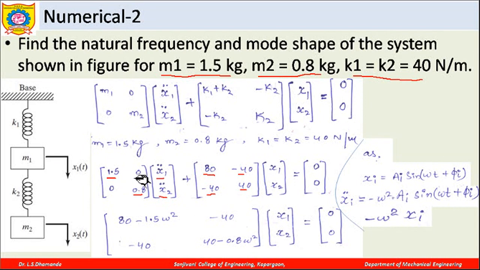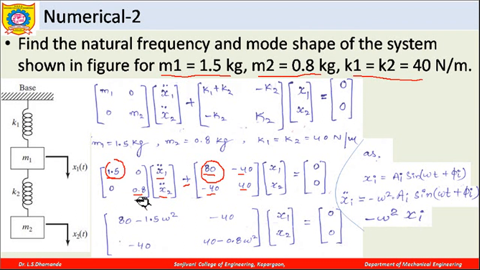So it will be minus 1.5 omega square, and if I multiply this over here, it will be 0.8 multiplied by omega square, so minus 0.8 omega square. Then this is added with the stiffness matrix. Multiplying this and then adding this, the first element, because you have to add these two elements, will be 80 plus this term.